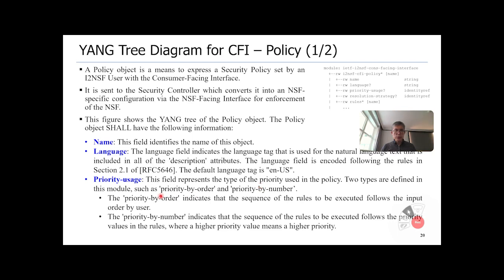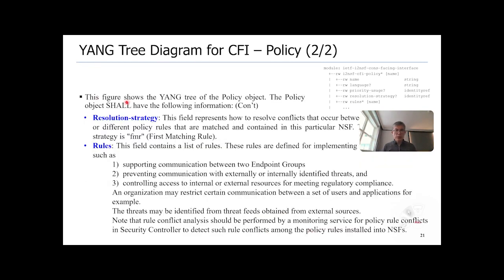We have two: priority by order and priority by number. In the priority by order case, the rules execute according to the input order by the user. And priority by number is the actual priority value, so a higher value means higher priority.